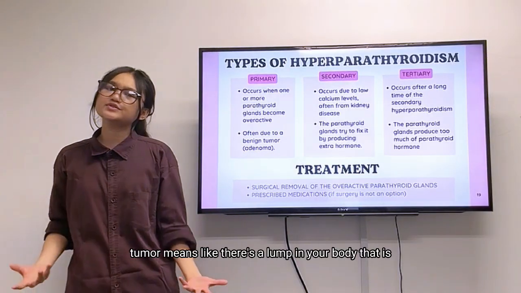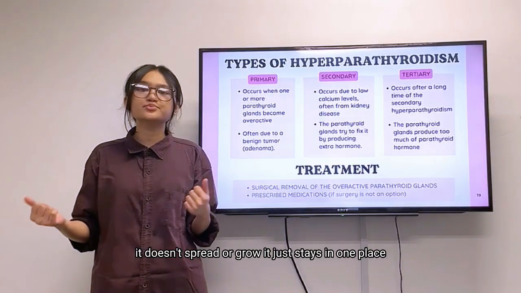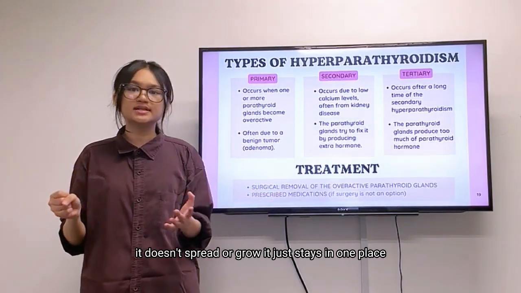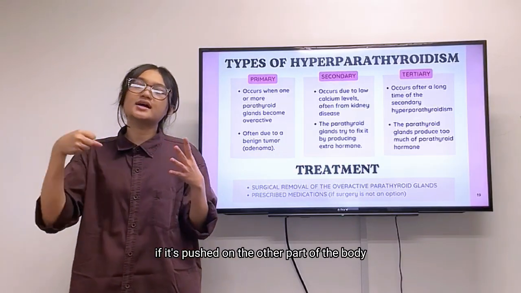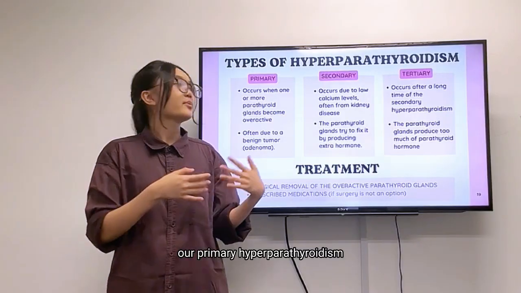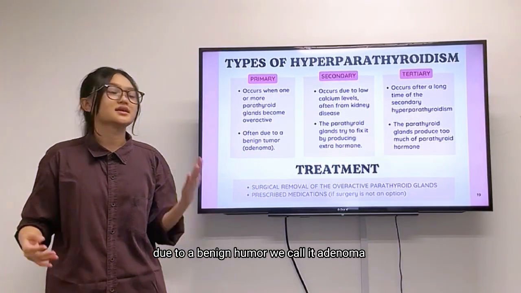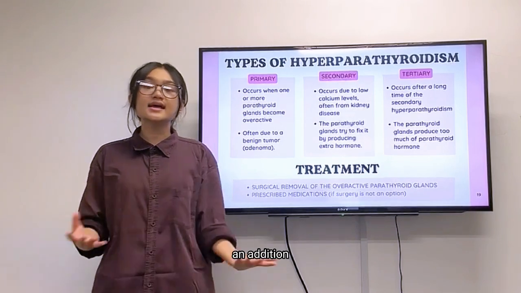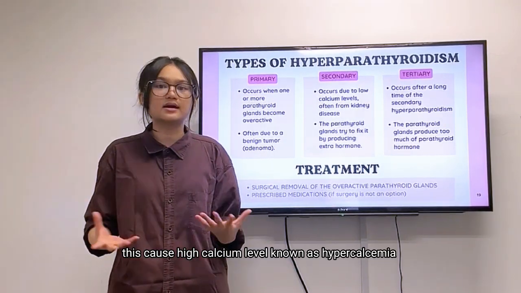Benign tumor means there's a lump in your body that is not cancer. It doesn't spread or grow, it just stays in one place, but it can cause lots of problems if it pushes on other parts of the body. So, once again, primary hyperparathyroidism is due to a benign tumor, which we call an adenoma. In addition, this causes a high calcium level known as hypercalcemia.